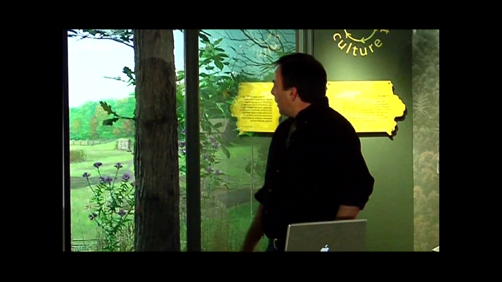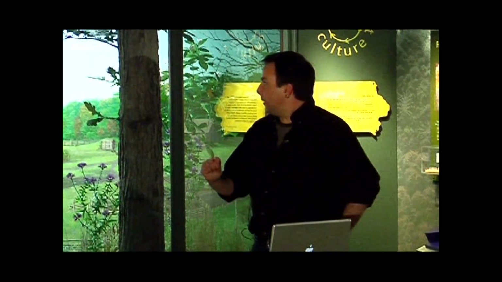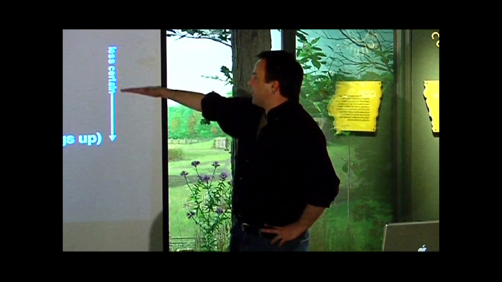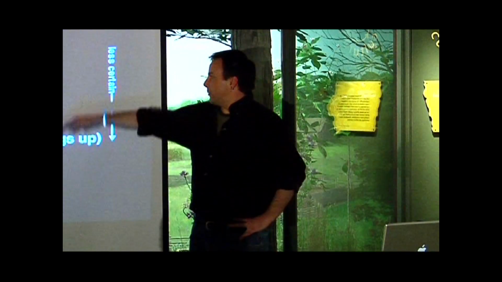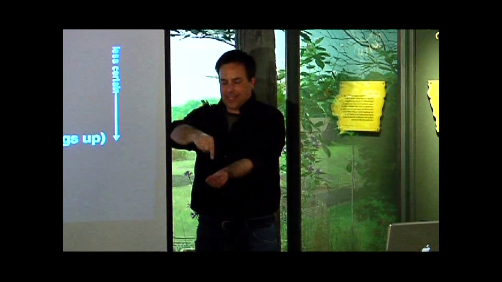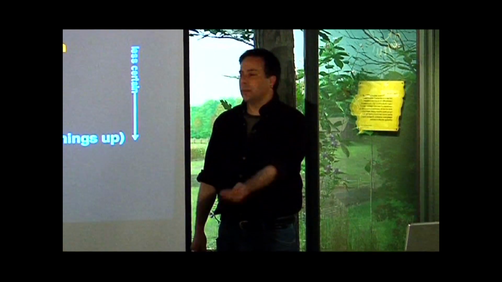But let me just show you how it's changed paleontology as a predictive tool, okay? In the past, suppose we wanted to reconstruct something that's dead: a dinosaur, T. rex, doesn't matter. There were three different levels of certainty we can point to. Direct or indirect preservation: it's right in my hands, I can see it, therefore I'm pretty certain that it had this.